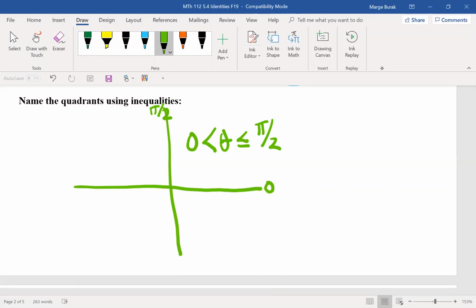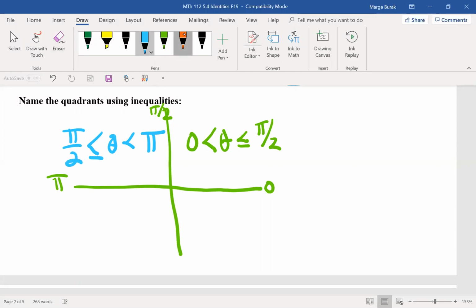And then quadrant 2, this is pi over here. So they might say theta is less than pi over 2. Sorry, let's undo that one because that's not going to be true. It's going to be less than pi, but greater than or equal to pi over 2.